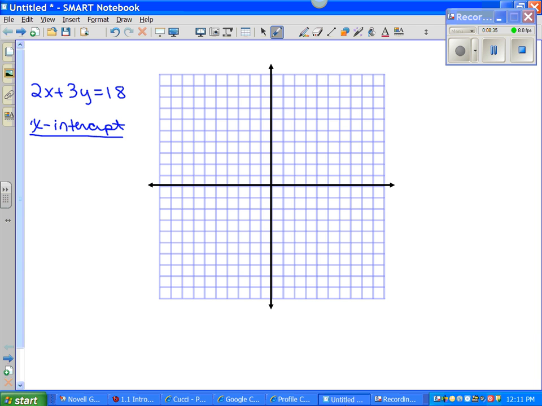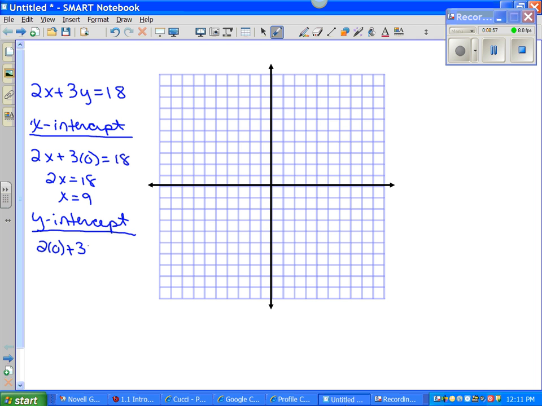So let's find the x-intercept first. We remember to find the x-intercept, we have to plug in 0 for y and then solve for x. So there's your x-intercept. And similarly, we have to find the y-intercept by plugging in 0 for x and solving for y.